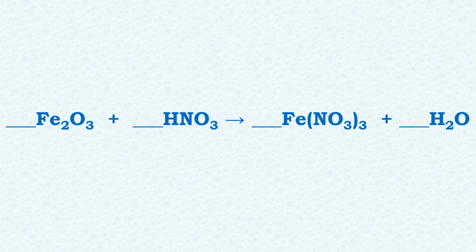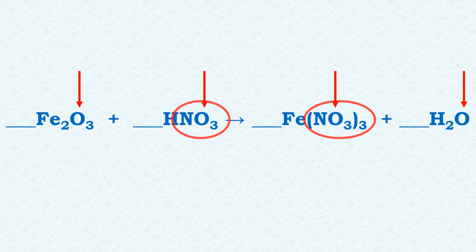Another thing you'll notice is that there's oxygen everywhere. Trying to balance an element that appears all over the place can lead to confusion and headaches. I do see, however, there is a polyatomic ion, nitrate, present on both sides of the yield sign. I can balance the nitrate ions instead of the oxygen atoms individually.